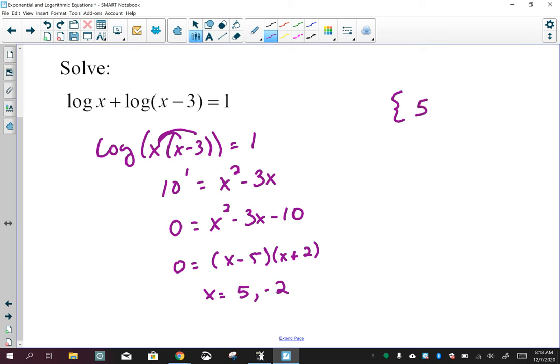When I take the negative 2 and plug it into here, oops, I can't have a log of negative 2. It's just not going to happen. So the only thing I have here is just the 5. So my solution set is simply that, because remember, you cannot have a negative log.